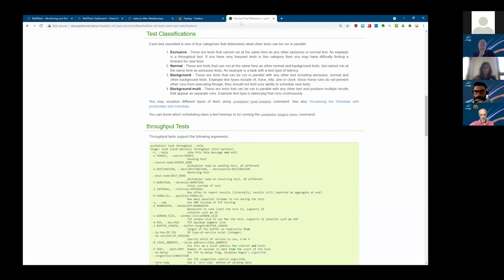Here we have exclusive, normal, background, and background multi-tests. These define how your tests behave and how they are being scheduled and coordinated on the perfSONAR node.